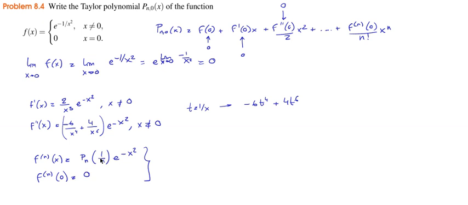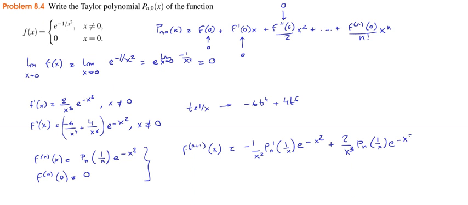So how do we show this? Well, this is certainly true for n equals 1, right? And now how to prove it? Well, we differentiate this. The derivative of the nth derivative is the derivative of the first element, so this is Pn prime of 1 over x times the derivative of 1 over x, which is minus 1 over x squared, times e to the minus 1 over x squared, plus the derivative of the exponential, which is 2 divided by x cubed times Pn of 1 over x times e to the minus 1 over x squared, right?